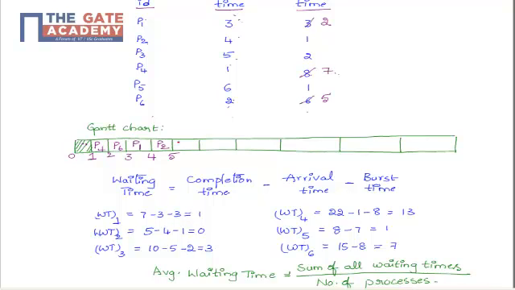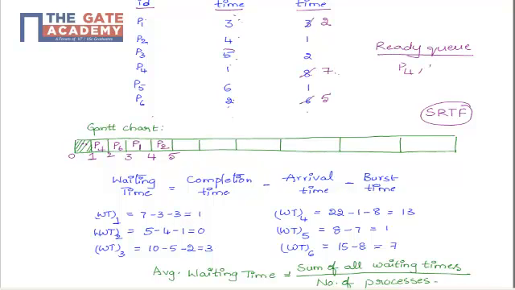At the time of 5, actually P3 has to be executed. But the given algorithm is SRTF, which is shortest remaining time first. We know that SRTF means the process which has the shortest time will execute first. If you see, the processes which have remaining burst time will again enter into the ready queue.